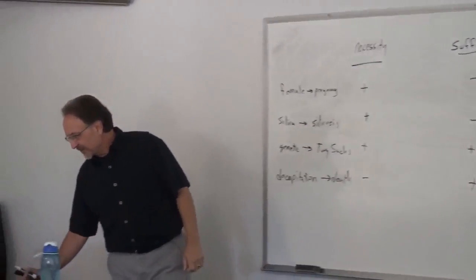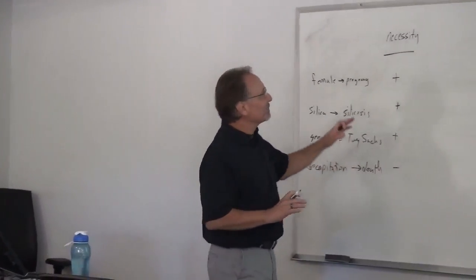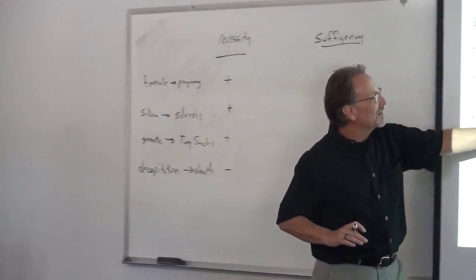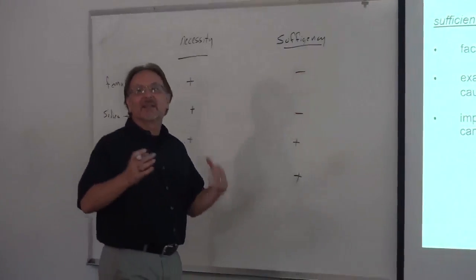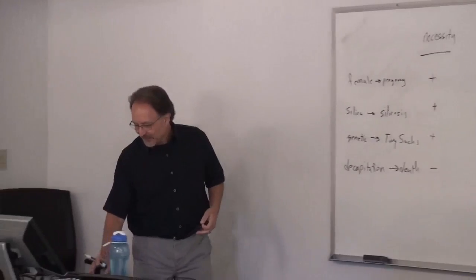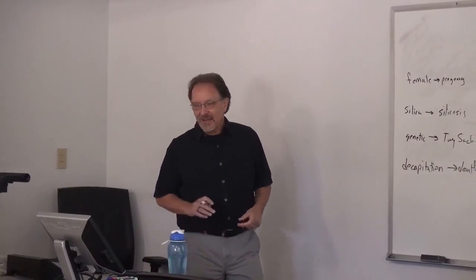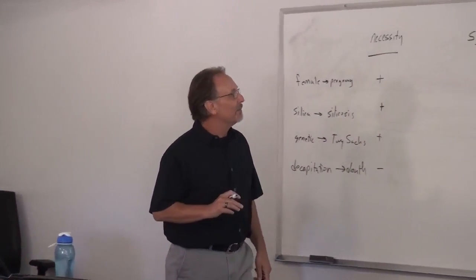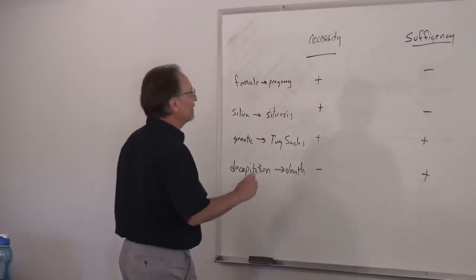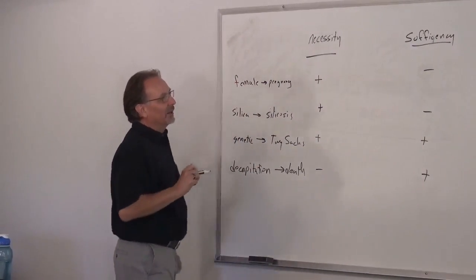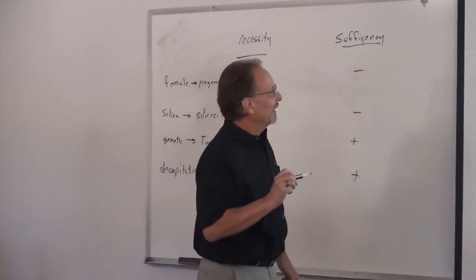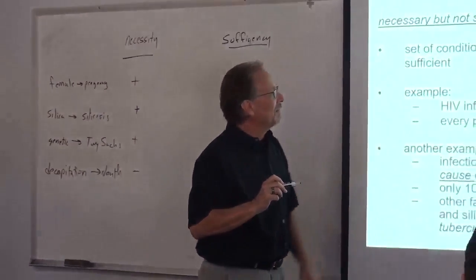So that's necessity and sufficiency, and like I said, this implies sufficient but not necessary. That's an implication to it. Same thing. And then we have necessary but not sufficient, which would be like these. Another example is HIV.